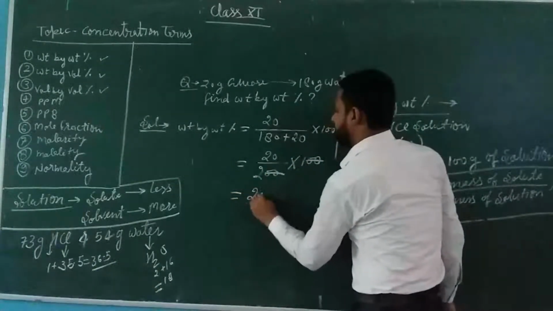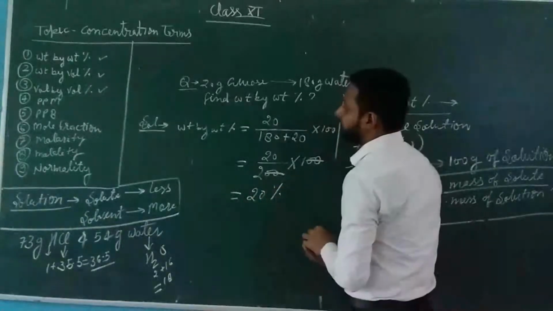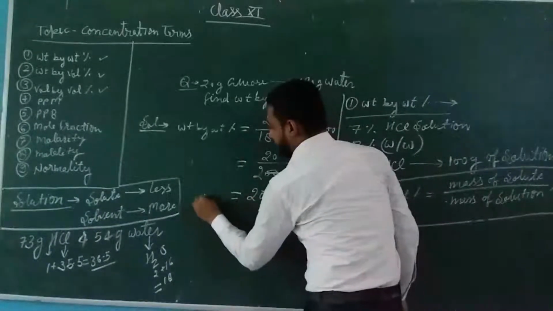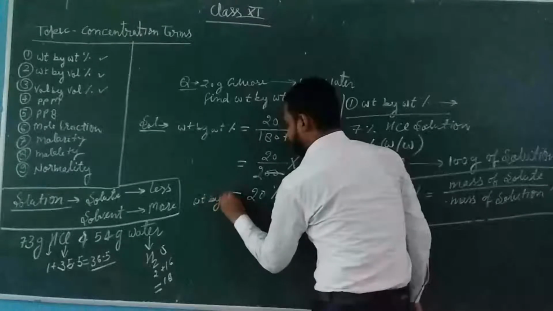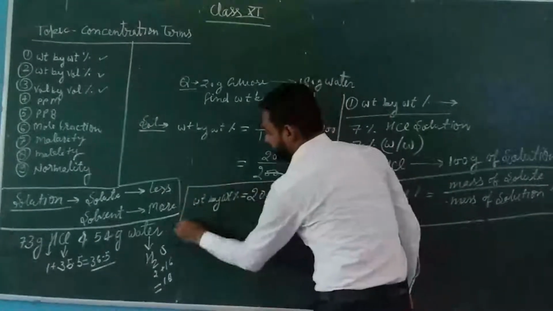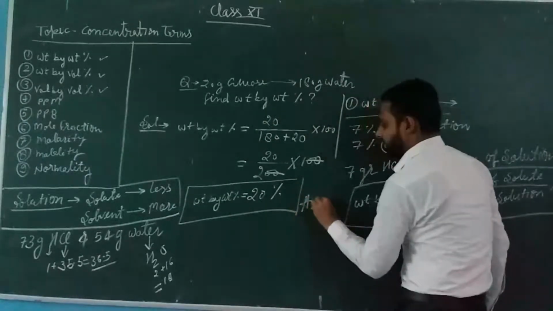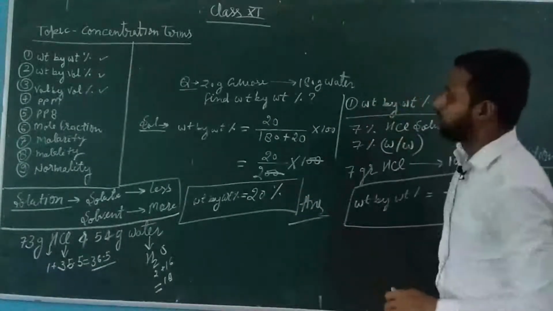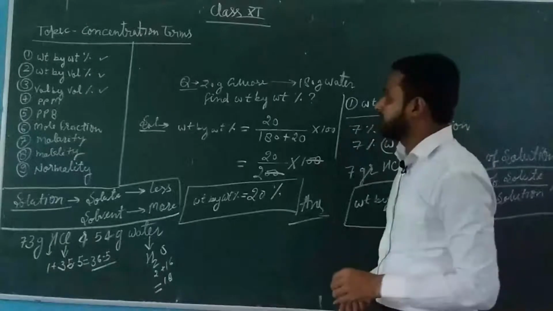So finally the weight by weight percent is equal to 20%. Answer. You can note down this question. And now we are moving towards the next question.